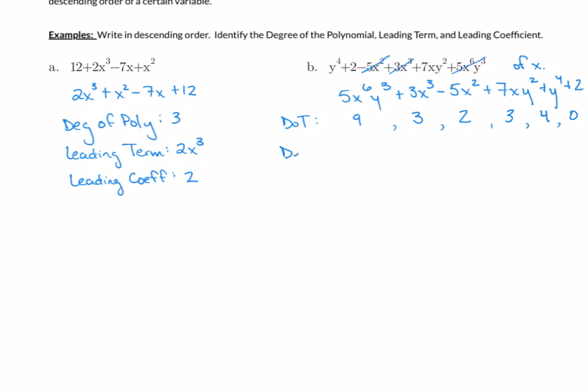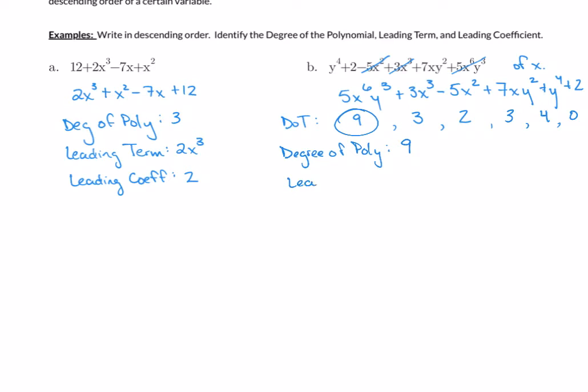Alright, so now what is the degree of the polynomial? It's the largest of my exponents for the terms, and so this is going to be degree 9.